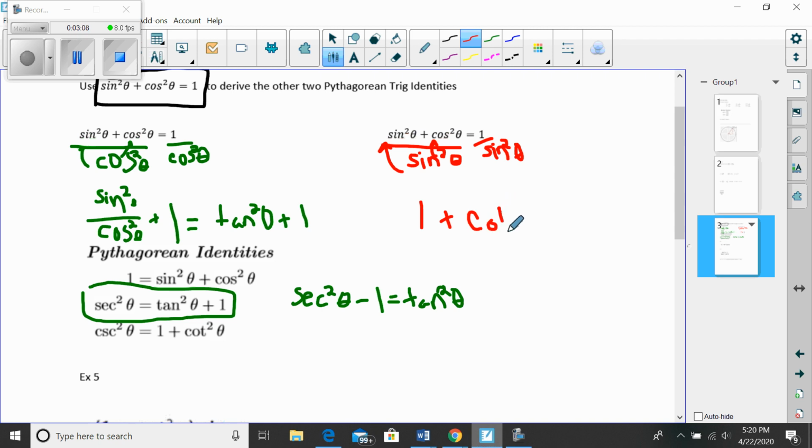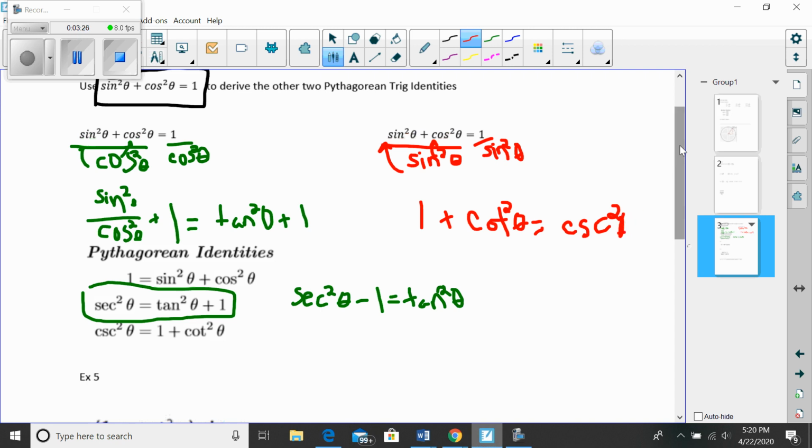So that would result in 1 plus cotangent squared. Cosine squared over sine squared is cotangent squared, and then 1 over sine squared is cosecant squared. So that's the other identity down there.